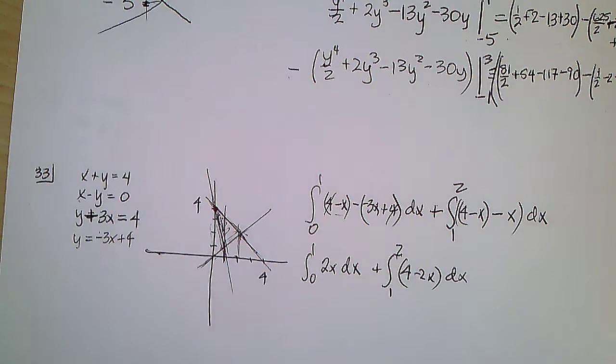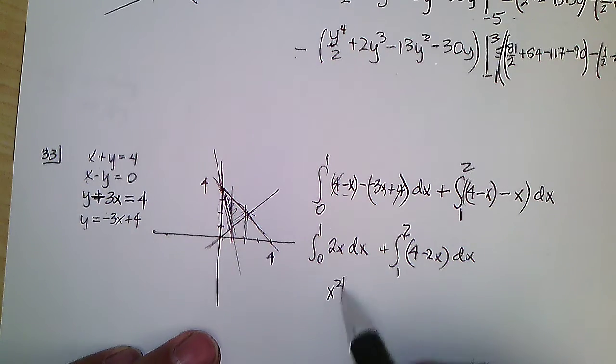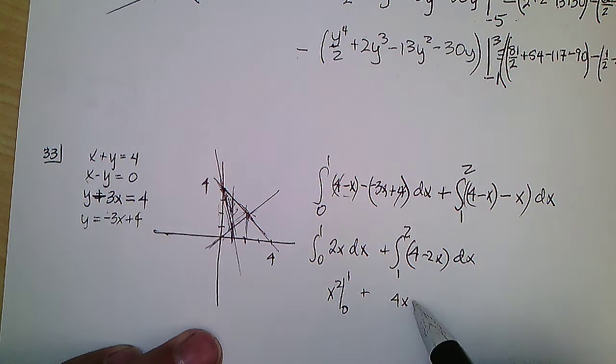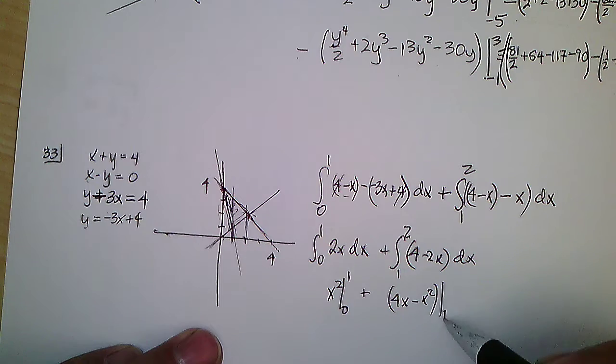That one should be easy to do. This is x squared evaluated from 0 to 1 plus 4x minus x squared evaluated from 1 to 2.